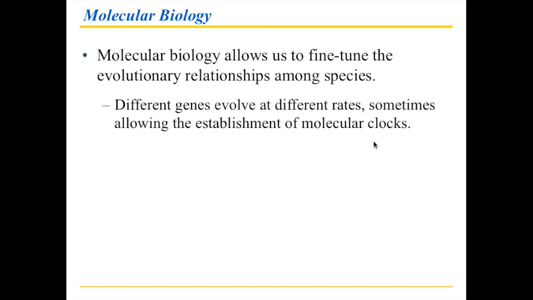Because with Mendelian genetics, we've been able to figure out how information is transmitted from one generation to the next, and with molecular evidence, we're now able to see what the differences are in particular genes. We can definitely determine what kinds of things are changing from one generation to the next or from one species to another. We also are able to figure out that certain genes evolve at different rates, and this sometimes allows us the establishment of something called a molecular clock.